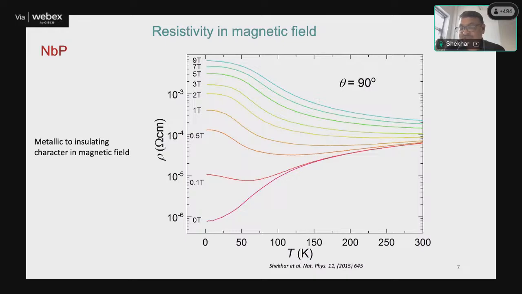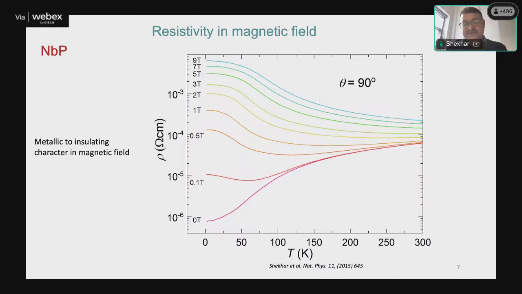This metal is not a real insulator, but it behaves such that at 9 Tesla the resistance goes upward when we start pulling the material. At 90 degrees here we apply the current perpendicular to the magnetic field. That is the direction.